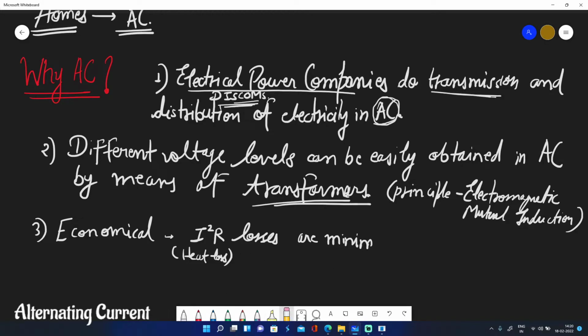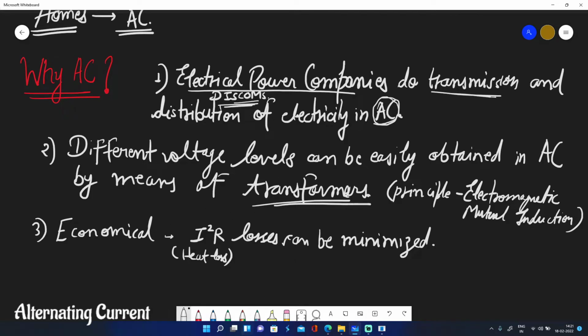More losses mean more cost to the electrical power companies, and thus it is not efficient. So that is why we use AC.